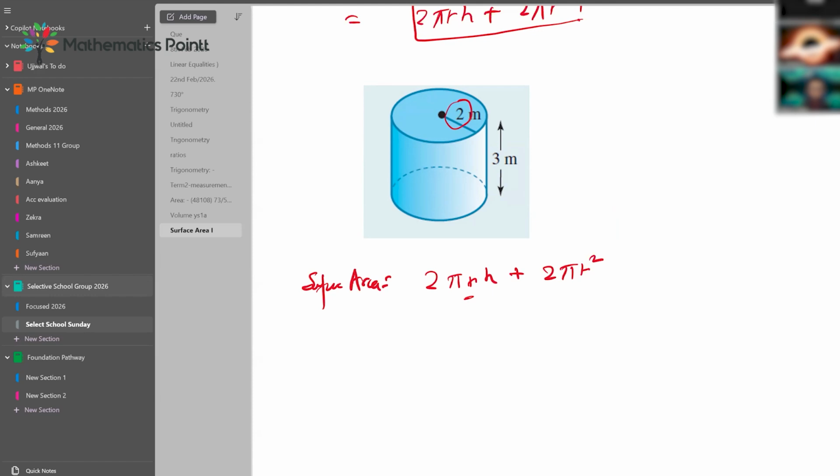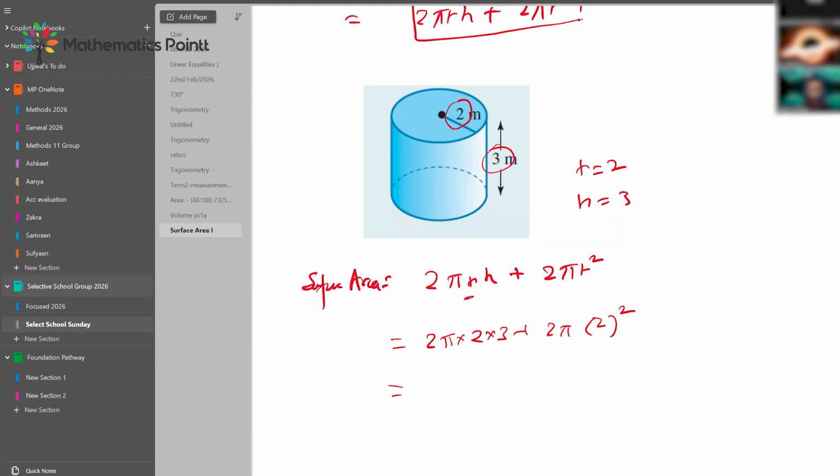Radius is given to me and height is given to me as well. Let's plug it in: 2 pi times 2 times 3 plus 2 pi times 2 square. Radius is 2, height is 3, I just subbed it in.